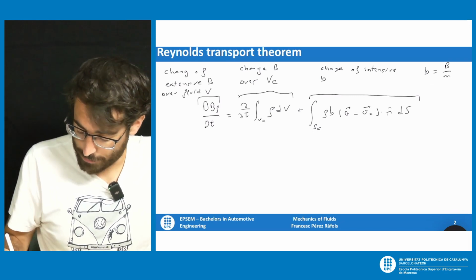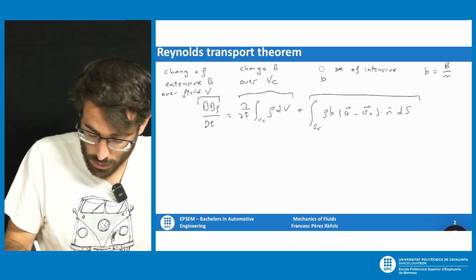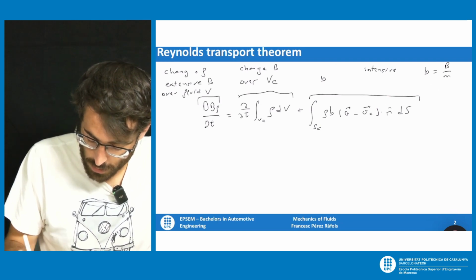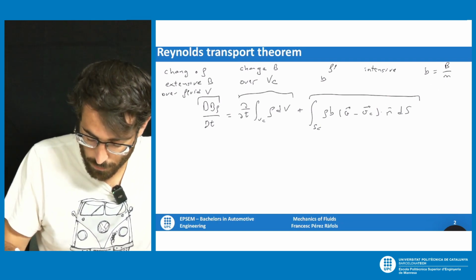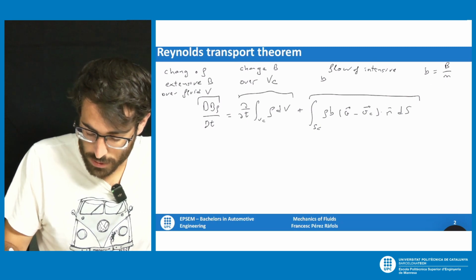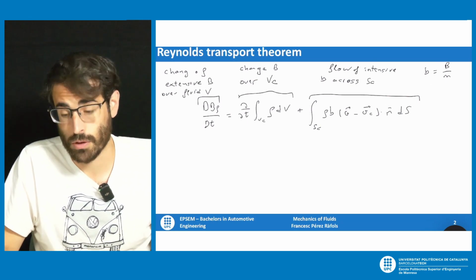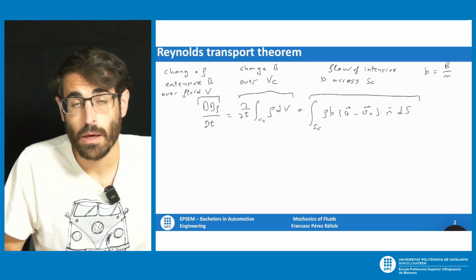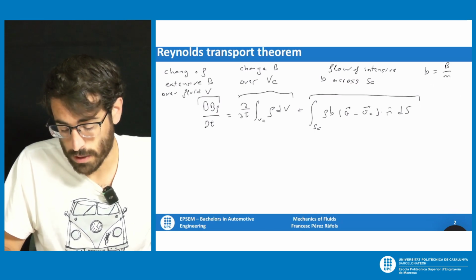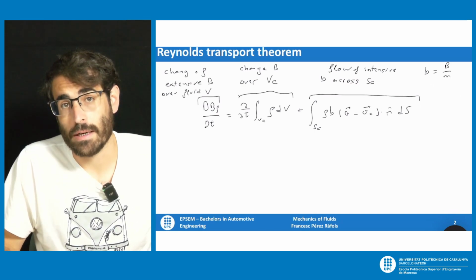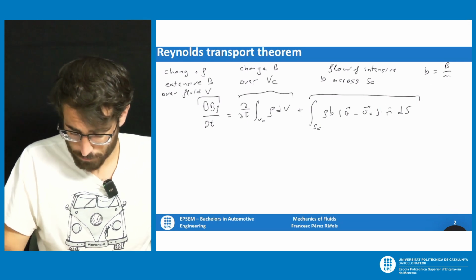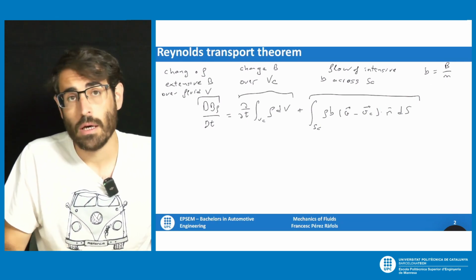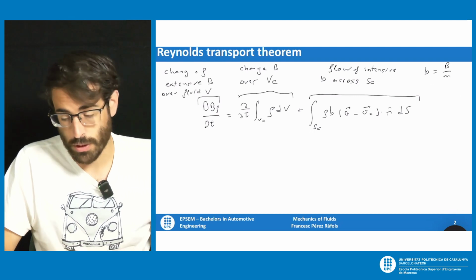So this is not the change, sorry. This is the flow of the intensive b across the control surface. Remember also that vc was the velocity of the surface itself, while little v is the velocity of the fluid. So that's basically what the Reynolds transport theorem says.